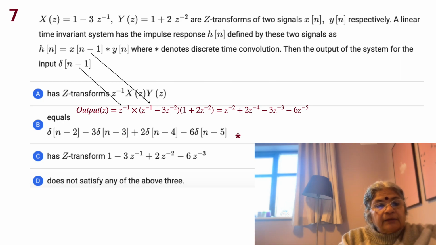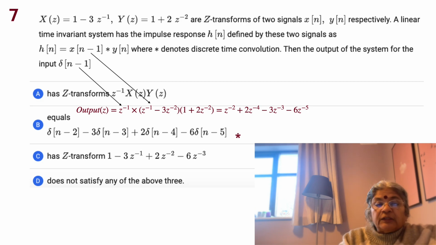There is also another impulse which has a magnitude equal to 3, and it is delayed by 1 time unit, or minus 3 into delta n minus 1. So this is all. Let's see what is Y(z). Y(z) is equal to 1 plus 2z raised to minus 2, which can be similarly understood if required. Only if it is required. If it's not required, let's not go for that.